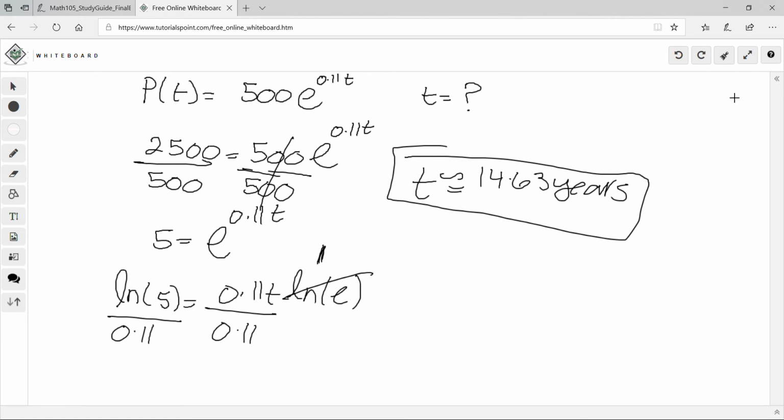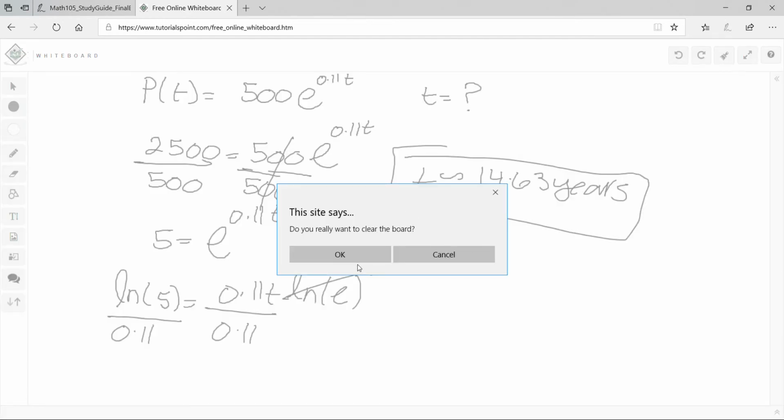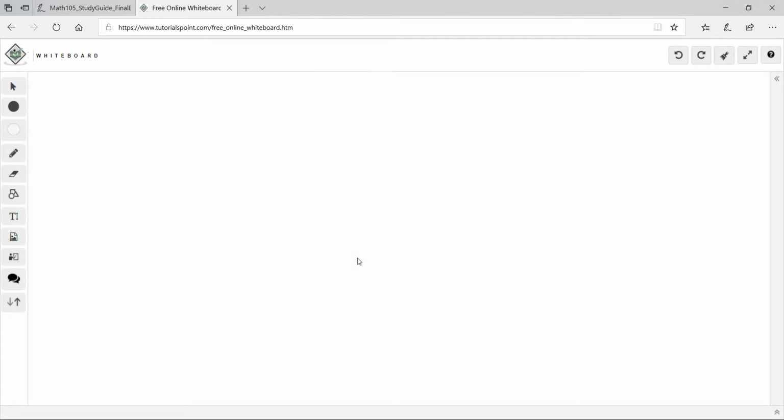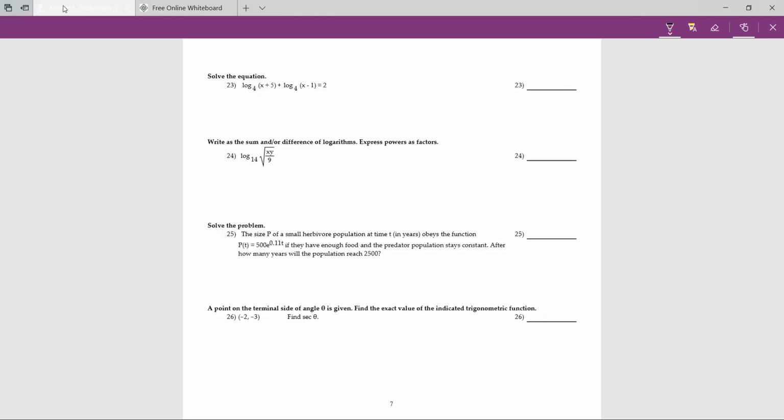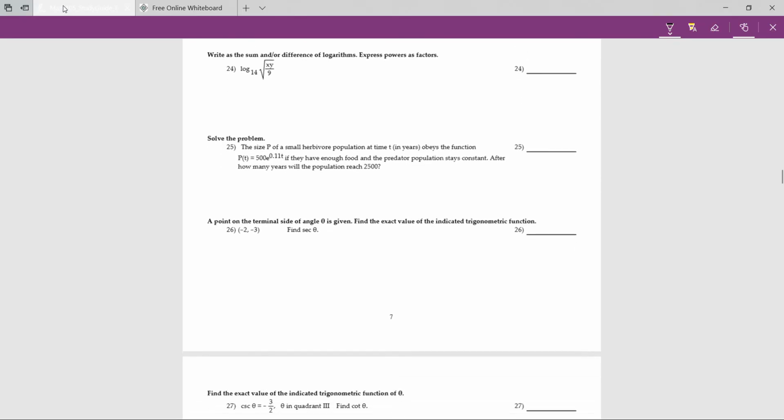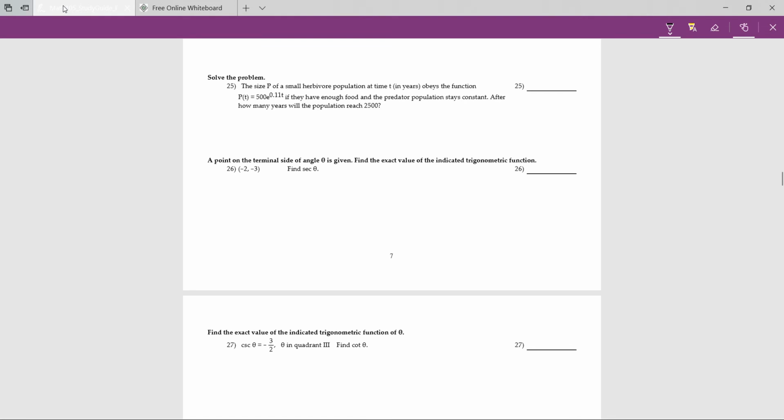So that was 25. Okay, now we're doing trig. On 26 it says, a point on the terminal side of angle theta is given. Find the exact value of the indicated trigonometric function.